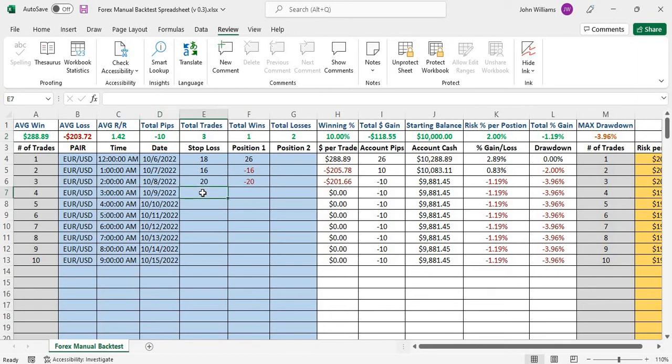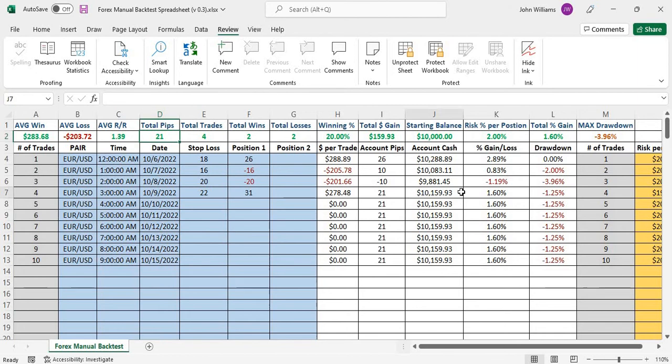So let's do our fourth trade. I'm going to go with 22 at the stop loss and a positive 31. So that would be a win for us. So we end up gaining $278.48 here. Our total pips is back up to being 21, so it's back on the positive side.